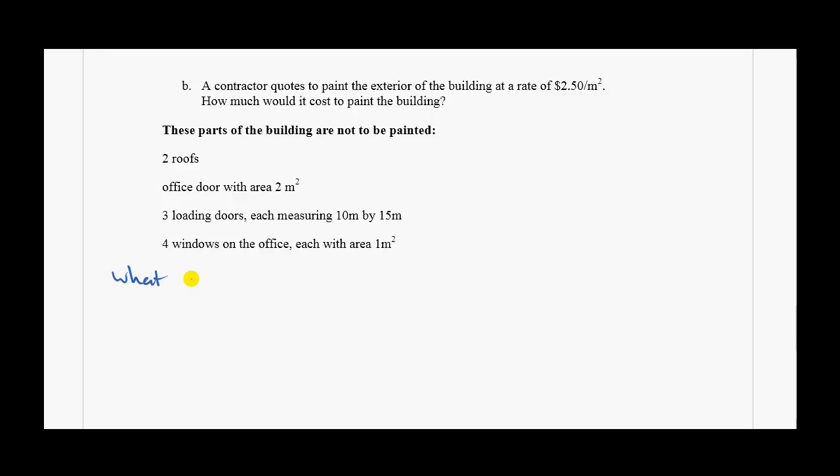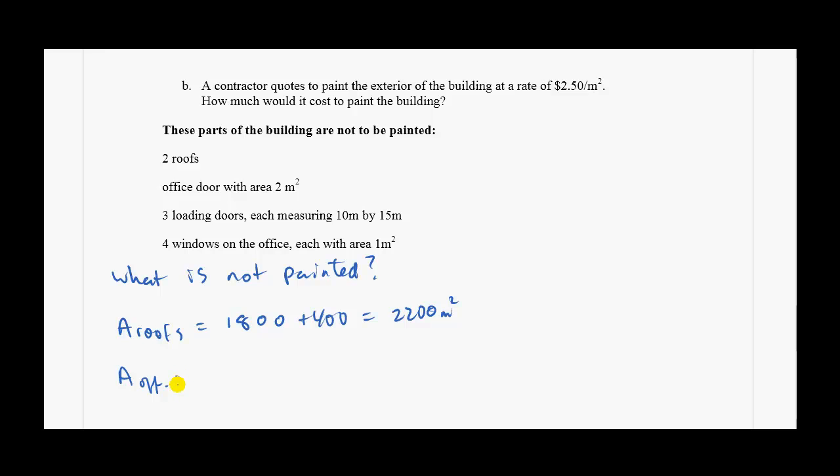So, what is not painted? Well, the area of the roofs, we already know from part A, are 1,800 and 400 square meters, so for a total of 2,200 square meters. The area of the office door, we're told, is 2 square meters.